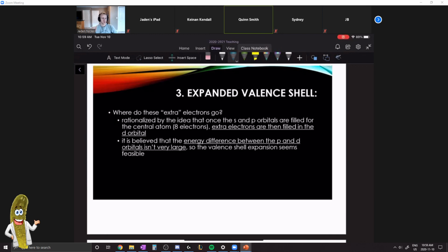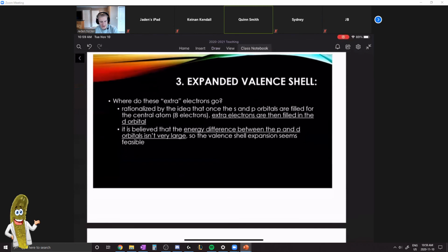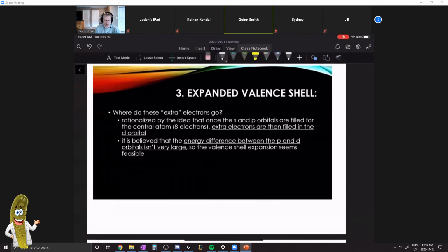I got a few questions, which was like some of the Google results that you look up will have a whole bunch of stuff, and then 3s2, 3p6, 3d4, for example. And what I told you in class was that that 3d orbital needs to come after the 4s orbital before you can do the 3d.